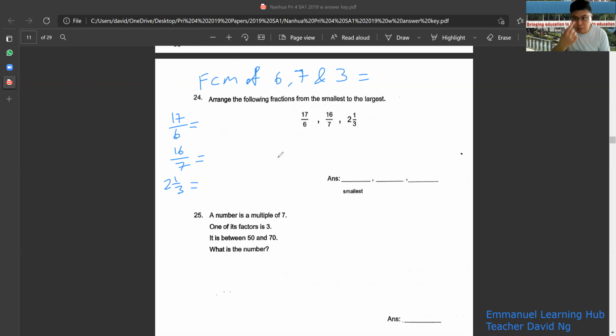6 times 7 equals what? 56. Your multiplication timetable, I told you 10,000 times to go and memorize. Did you go and memorize? Yes. Then how come you can't tell me what is 6 times 7? What is 6 times 7? 80.